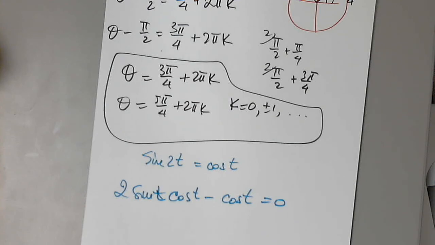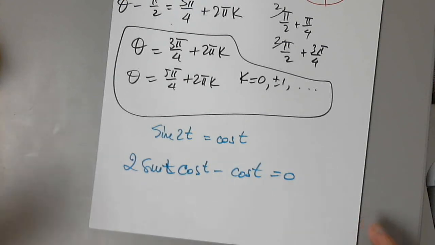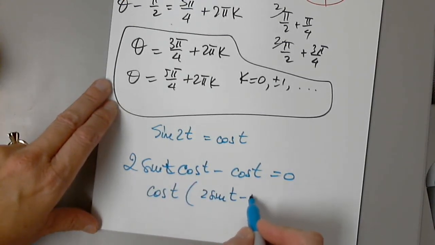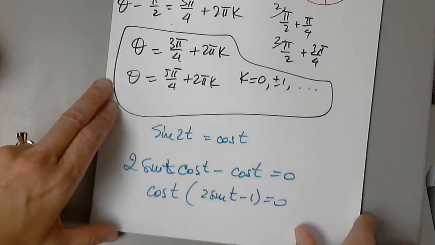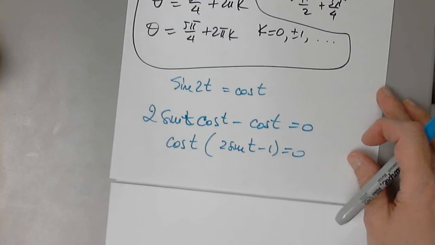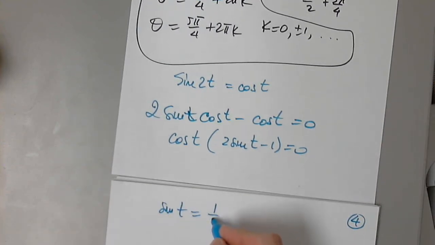I'm going to have to factor out cosine t and then get two solutions, in sine and cosine, and then more solutions for t. So cosine t times 2 sine t minus 1. I get again sine t equals 1/2, so I'm not going to copy that solution. We have it already.